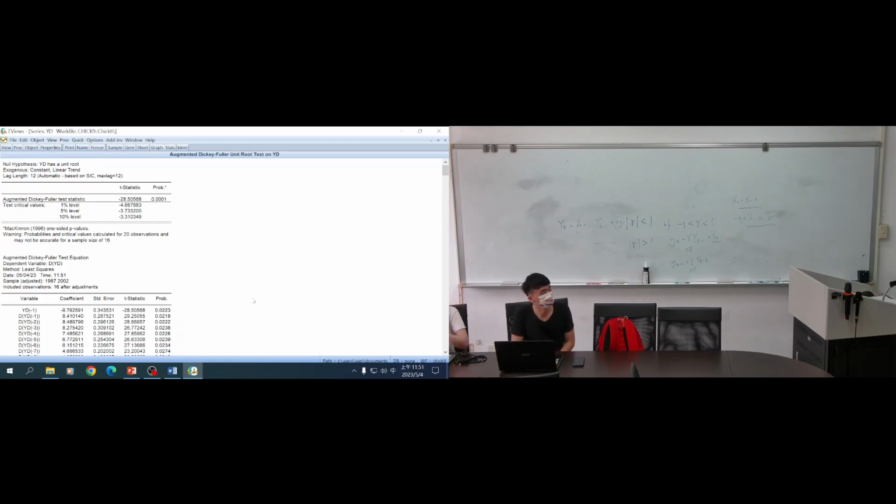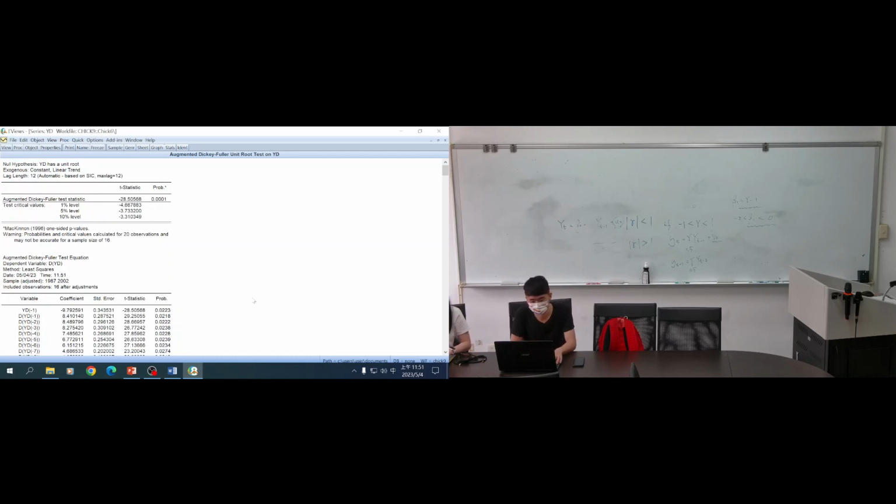If I change my lag into 12, that is significant. Did you see that? So the lags matter for the stationarity or non-stationarity. But the lag, usually just trial and error.